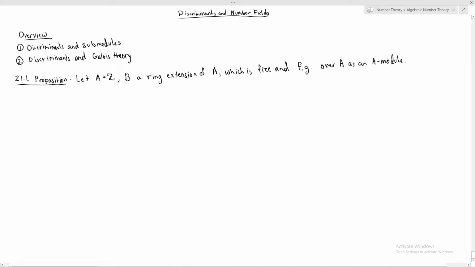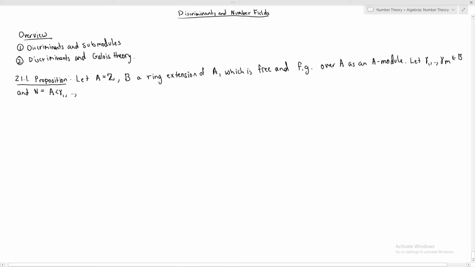Okay, let's say gamma 1, through gamma m in B, and let's say N is the submodule generated by these guys.